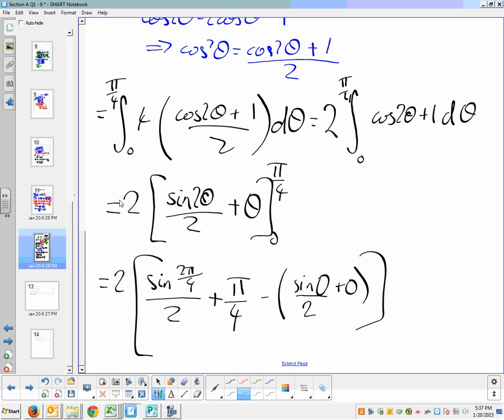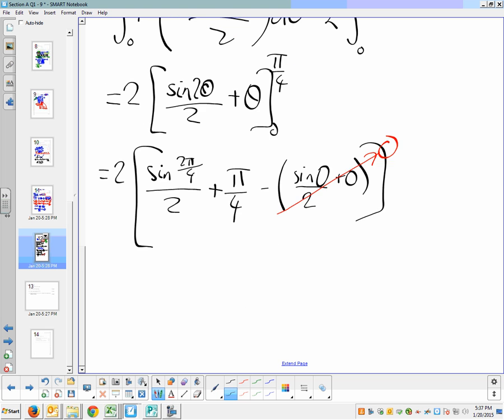That's all nothing. So we get 2 times sine pi by 2 plus pi by 2. Sine pi by 2 is 1, so 2 lots of 1 plus pi by 2.